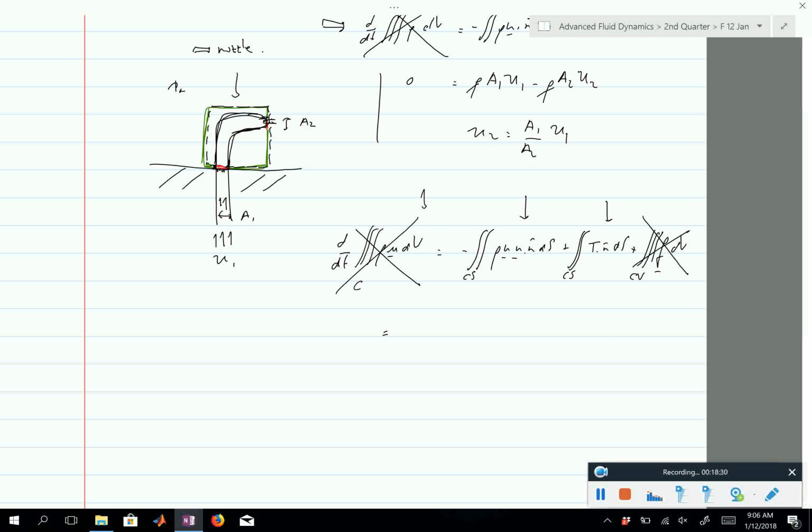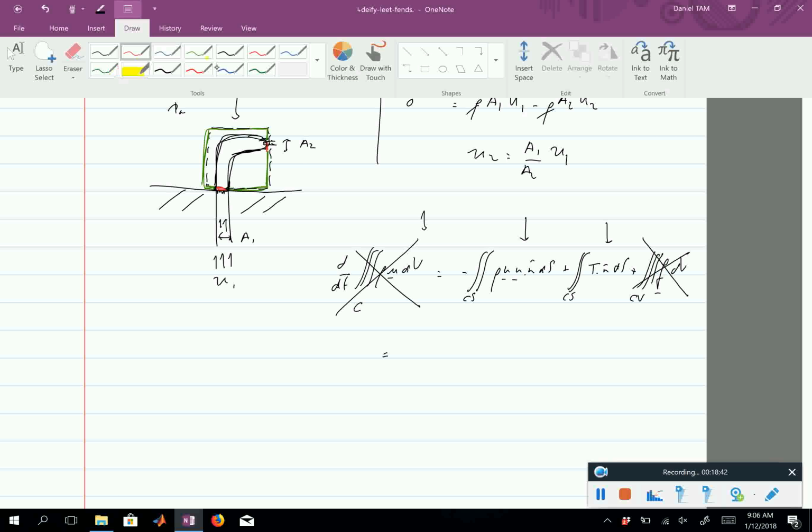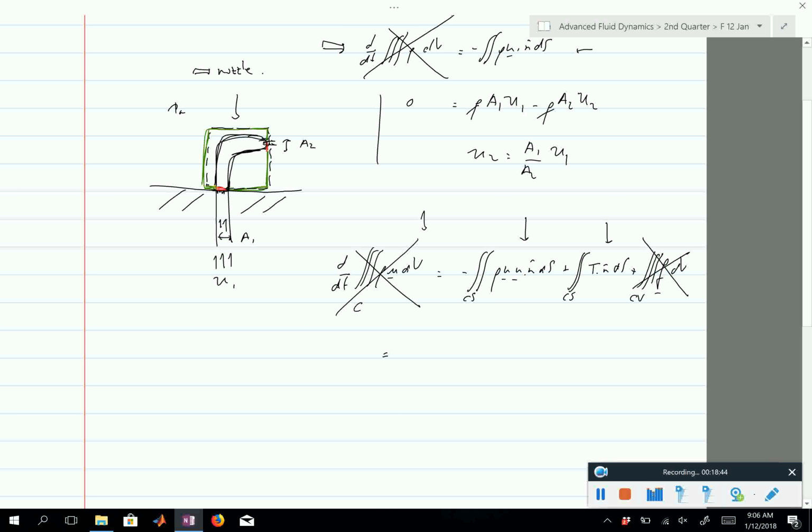So this is my control volume. My control surface is the boundary. So I'm going to integrate throughout this whole thing here. Actually, I have 3 bits. Let me also add that you have this little bit here where you cut through the material. And you have to distinguish all of these.